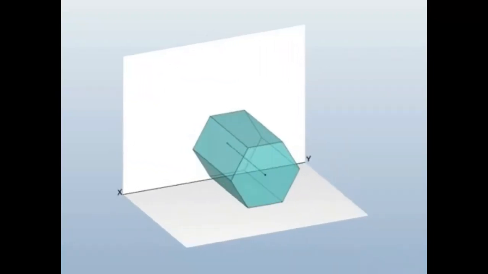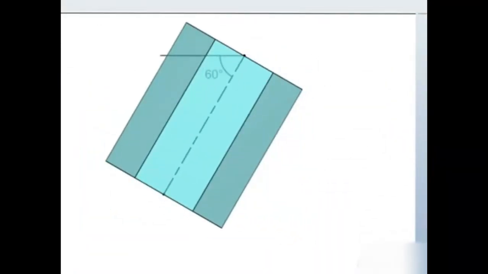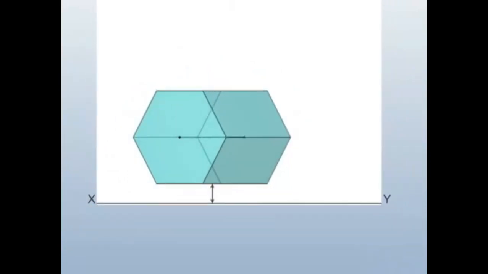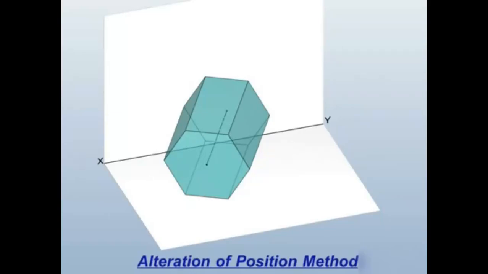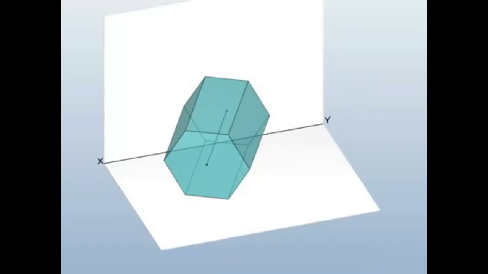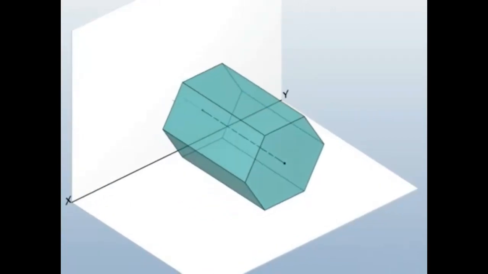Hi friends, now we shall discuss projections of solids with a special case, that is axis inclined to one of the reference planes and parallel to the other. To solve such problems, alteration of position method is used. In that, initially the axis of the solid is assumed to be perpendicular to one of the planes.